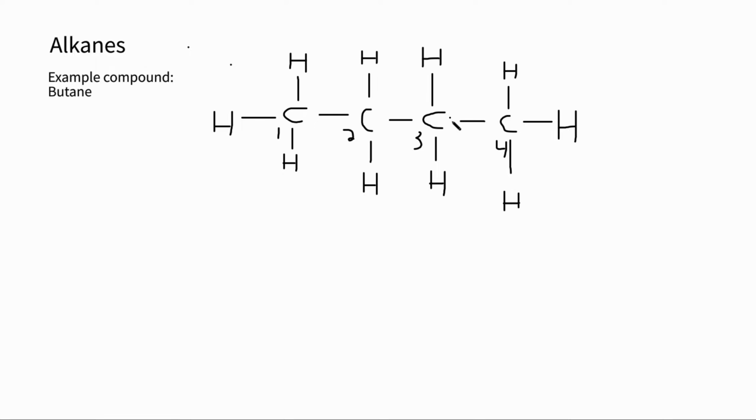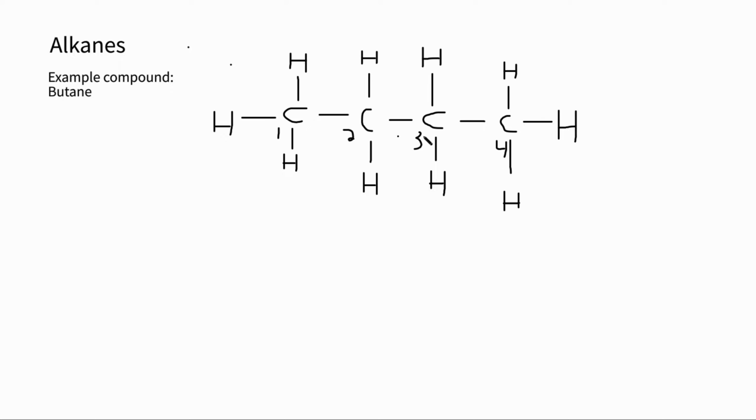Do you know what the name of a single bond is in the chemistry world? Well, if you didn't hear it in Gen Chem 1, it's called a sigma bond. So we have a sigma bond here, here, and here. You should be picking up on a trend. It's called an alkane. All the carbon-carbon bonds between these carbon atoms are single or sigma bonds.